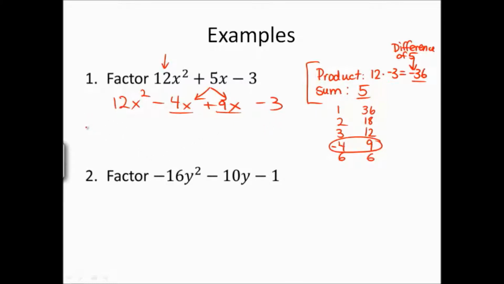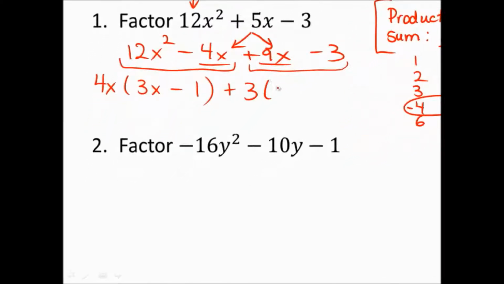Alright, let's move on to the next step, which is grouping. So we take two at a time and notice what greatest common factors we can take out. From the first two terms, we could take out a 4x, which results in a 3x minus a 1. Remember, if it's exactly the same, you still need a 1 to keep the place. The next one, we can take out a 3, which leaves us with 3x minus 1.